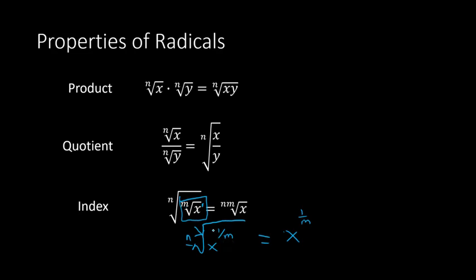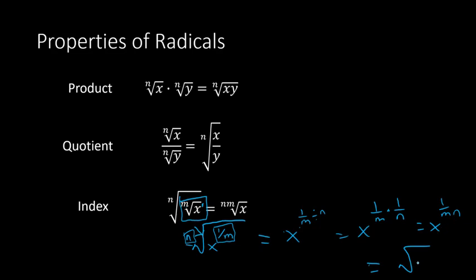we can combine because this would be your numerator, and this here would be your denominator. So we have 1 over m, and then over n, which would be dividing by n. Dividing by n is the same thing as multiplying by 1 over n, which would give you x to the 1 over m times n power. And then put it back as a radical.